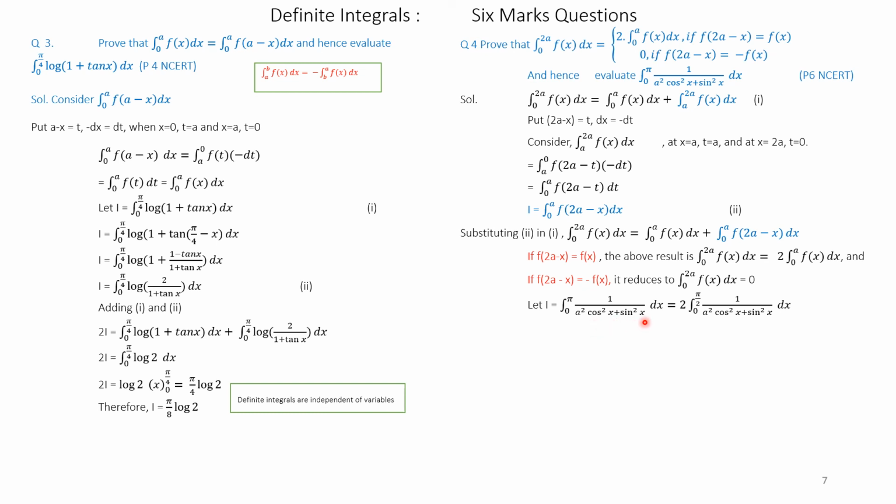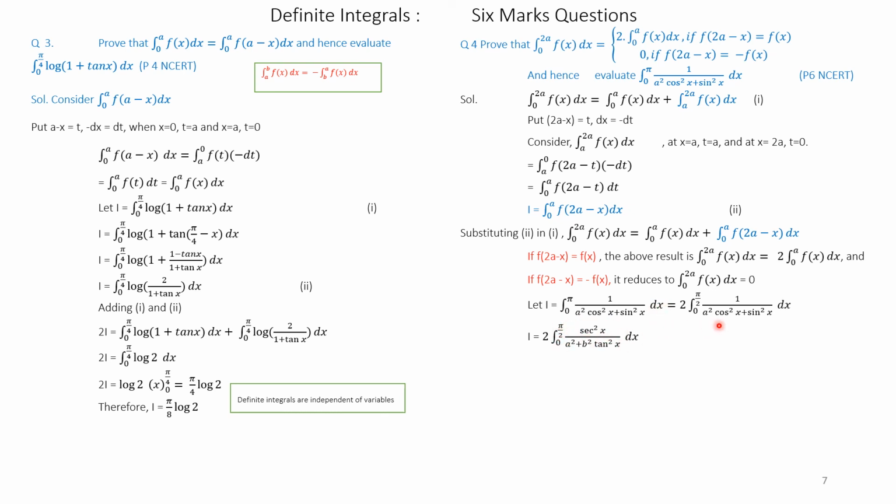The given equation is written on the left side, and on the right hand side we have written the formula, that is 2 into integral 0 to pi by 2. The limit on the left hand side was 0 to pi; on the right hand side it is 2 into integral 0 to pi by 2. Other functions are as they are. Therefore, I is equal to 2 into integral 0 to pi by 2.